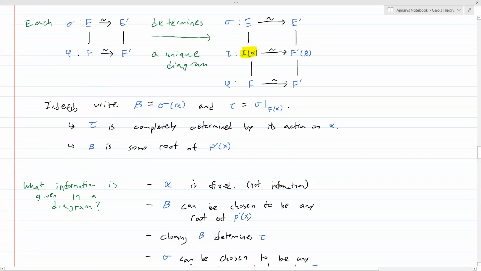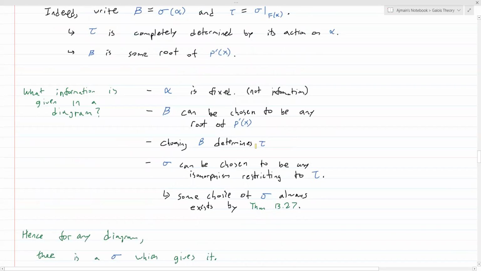And we know how F gets mapped to F prime. We just need to choose an image of alpha. And if we choose beta, then we essentially determine tau. And then sigma can be chosen to be any isomorphism restricting to tau.